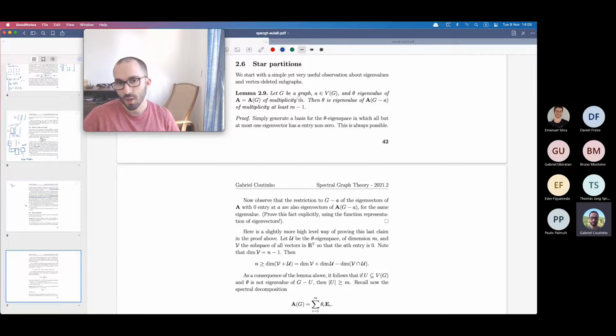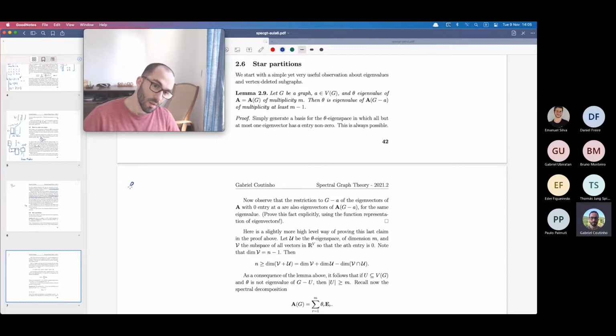But if m is bigger than 1, then you can guarantee that theta is still an eigenvalue of the vertex-deleted subgraph, and the multiplicity dropped by at most 1. It could be that the multiplicity remains the same, and it could be that the multiplicity actually increases.